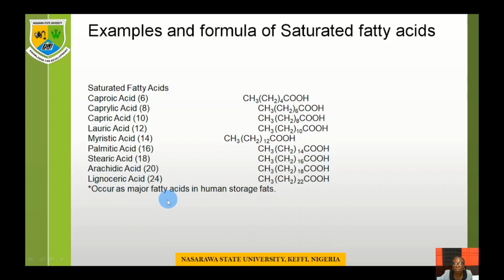So these occur as major fatty acids in human storage fat. So these are examples and the formulas for all these saturated fatty acids.